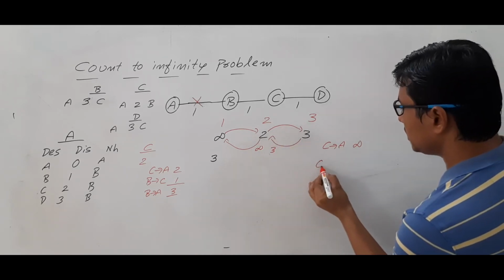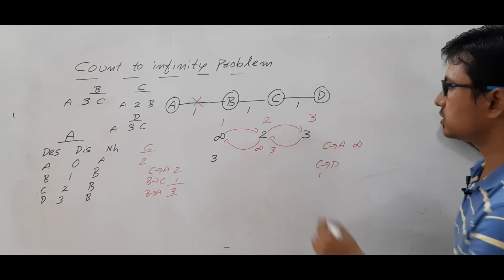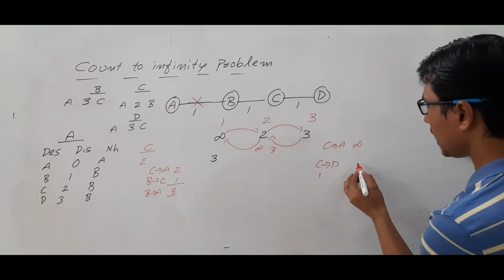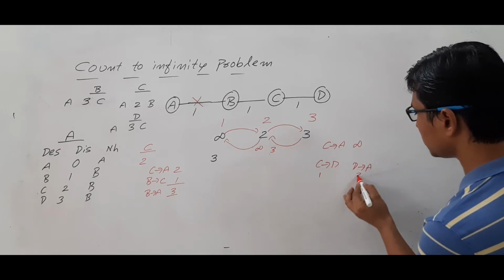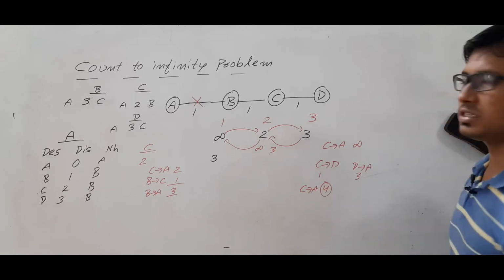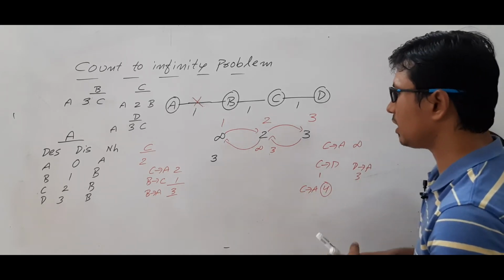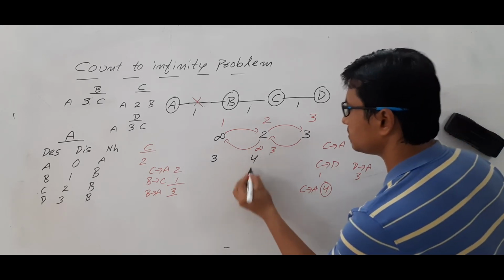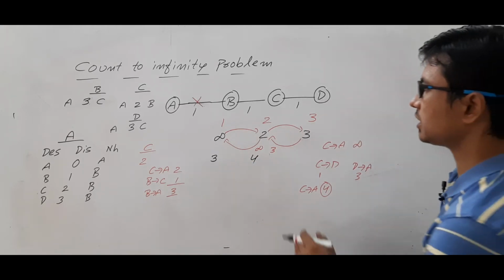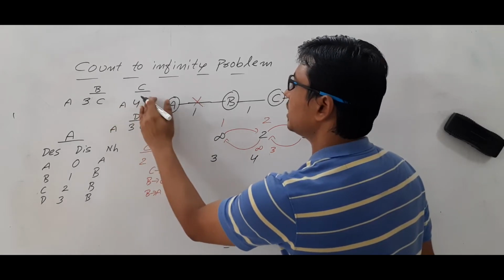C to D distance it is getting as 1, and D to A distance is 3. So totally it will consider that C to A distance is 4. Which is less? 4 or infinity? 4 only. So it will update it as 4. Are you able to understand it or not? So C to A distance is 4 via D.